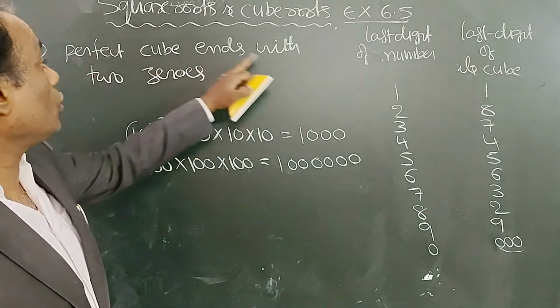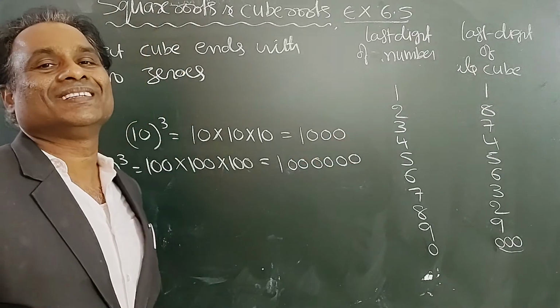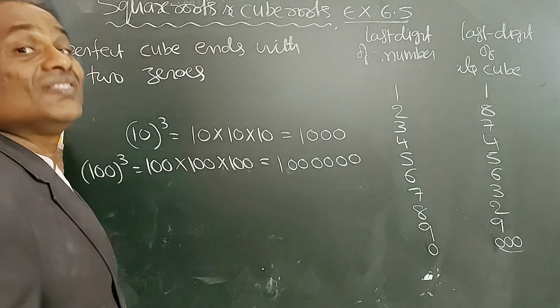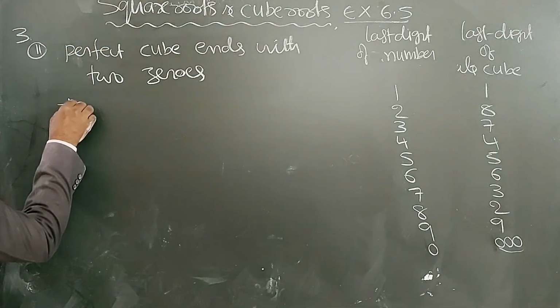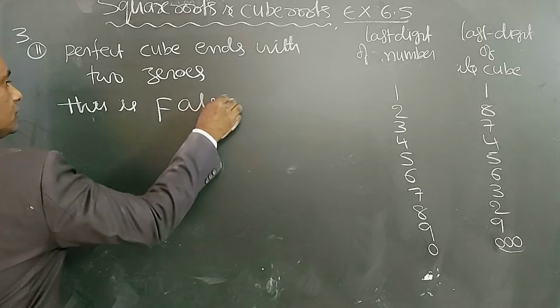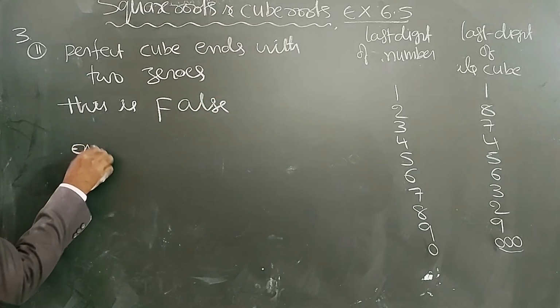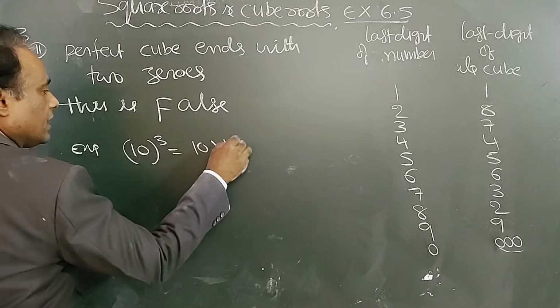So, perfect cube ends with 2 zeros. Wrong. Ends with 3 zeros, not 2 zeros. This statement is false. Example, take 10. 10 cube is 10 into 10 into 10.